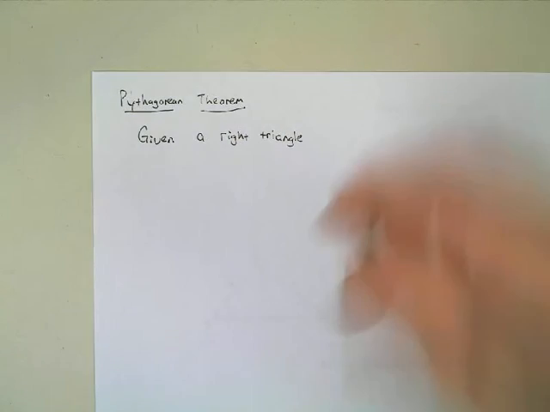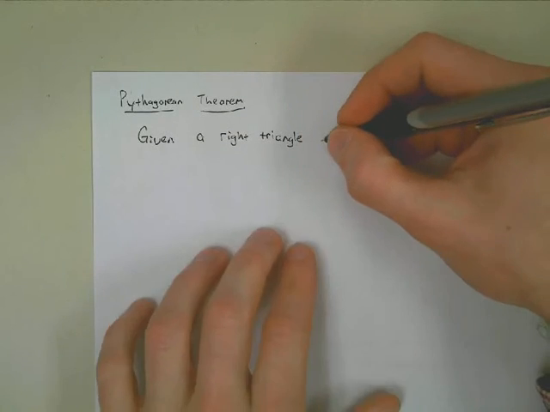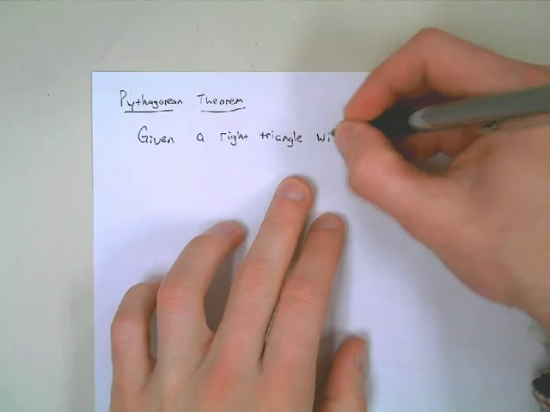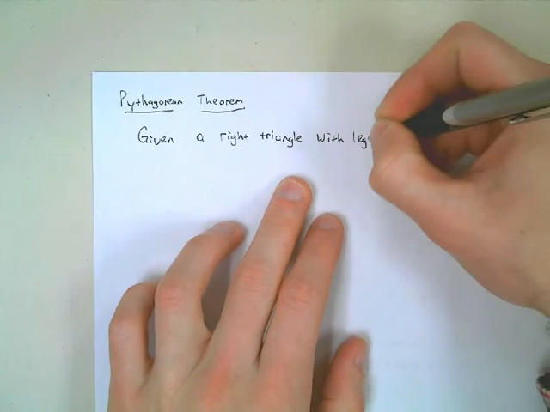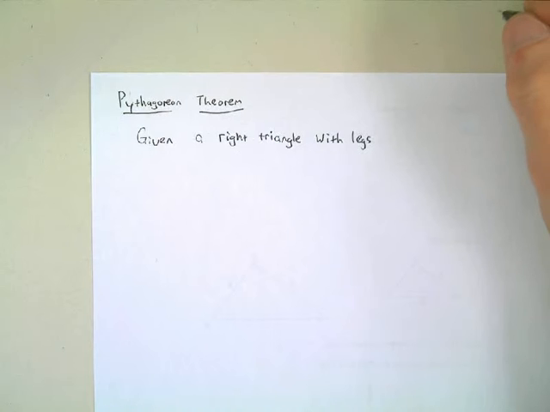Okay, so given a right triangle with legs, remember the legs of the right triangle are the two sides that touch the right angle.